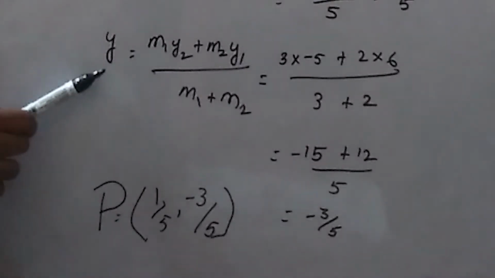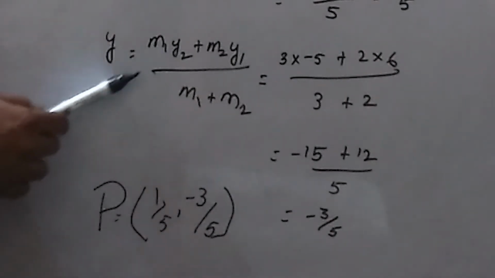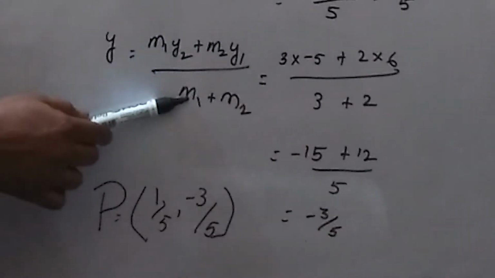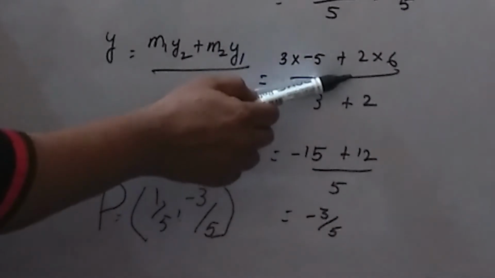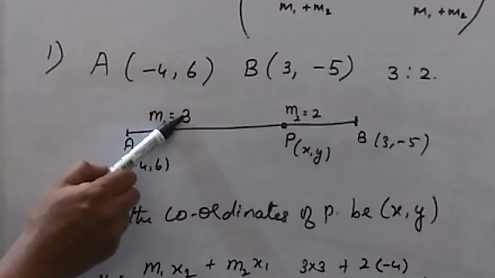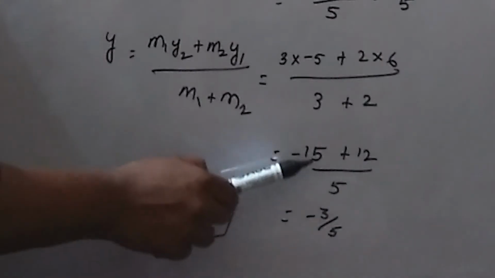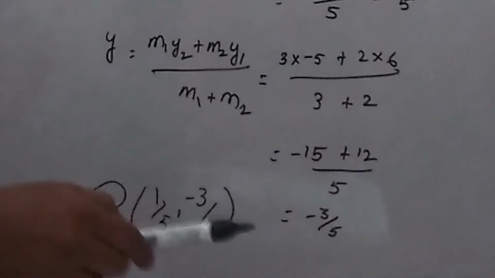Same way, we have to find the value for y. Y is equal to m1 y2 plus m2 y1 upon m1 plus m2. So 3 into minus 5 plus 2 into 6, then minus 15 plus 12 upon 5, that is minus 3 upon 5.